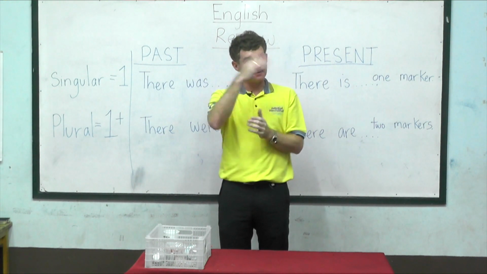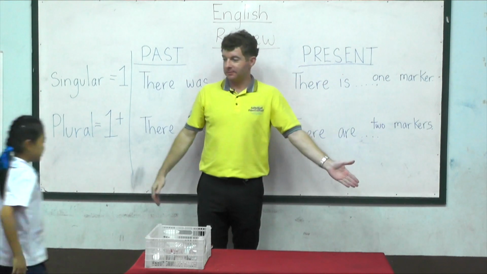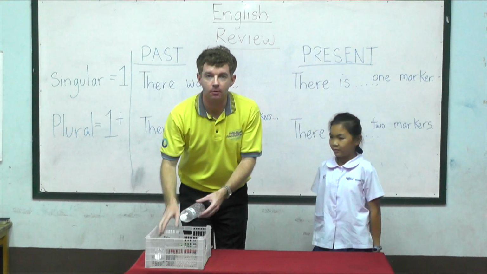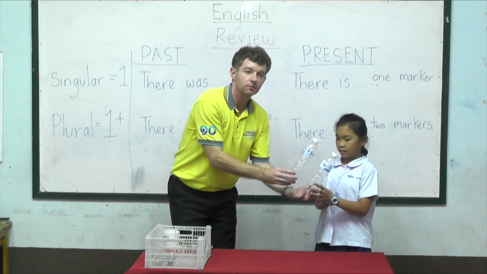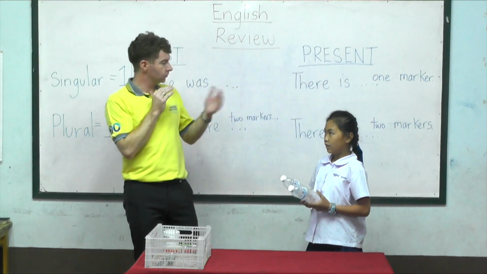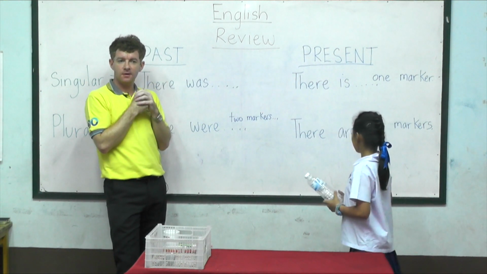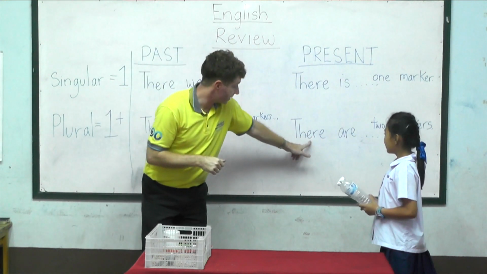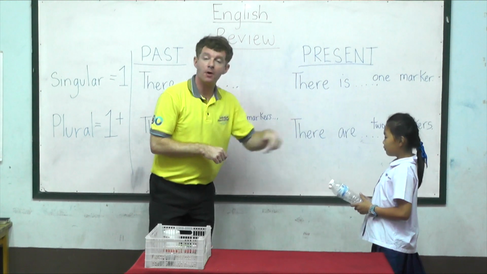And now, Nadia, please come and join me at the front. Now my assistant is Nadia. And this time, Nadia will have, what will she have, guys? How many? Singular or plural? So what do we say in the present tense? There are 2 bottles. Nadia, is that right? There are 2 bottles.